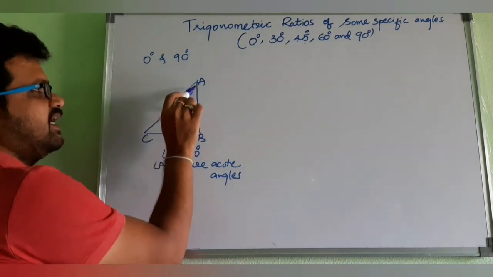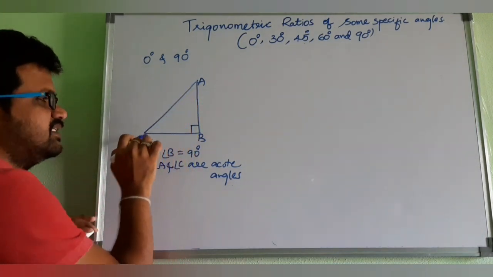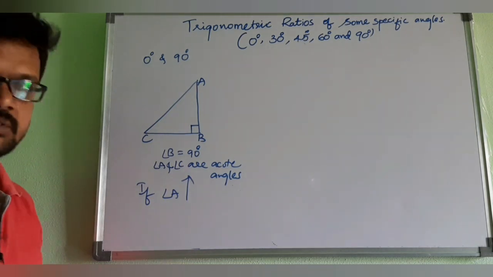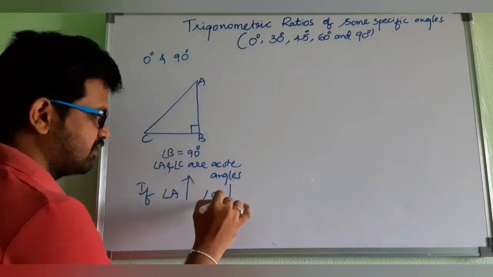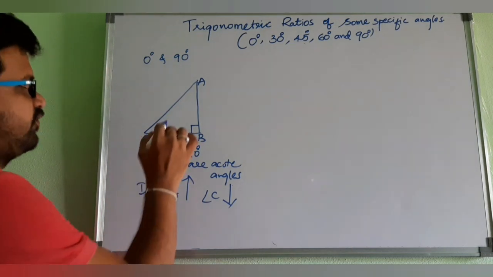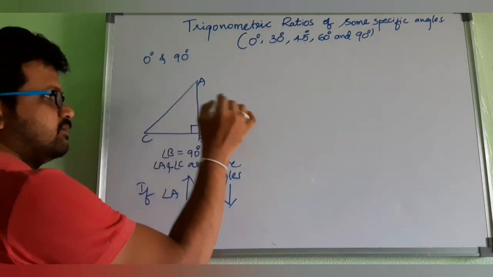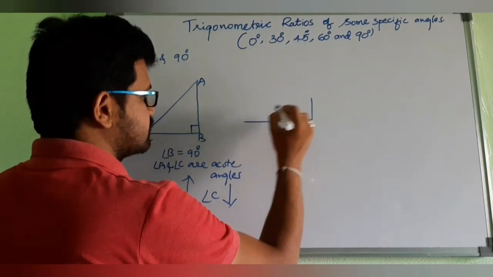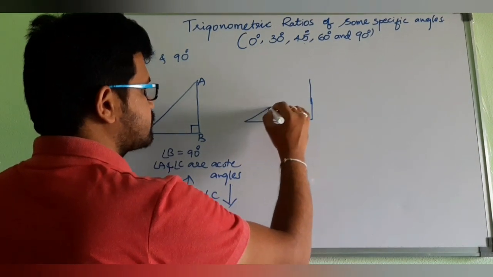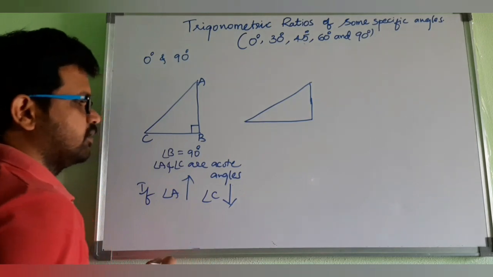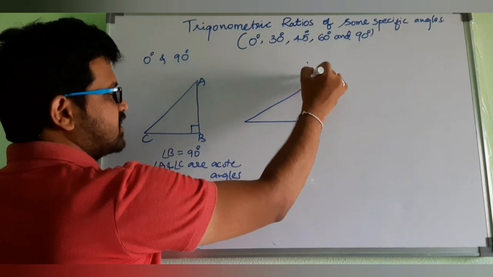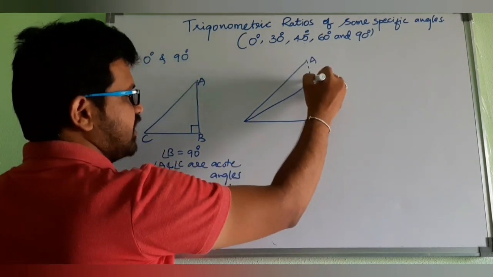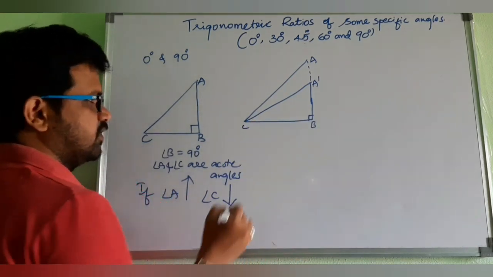So here suppose I am taking that angle A. If angle A increases, what happens? Angle C decreases. Right? Suppose it is increasing, then the diagram will become like this. Initially it was like this. This is A, and next A dash, this is B, and this is C as usual.